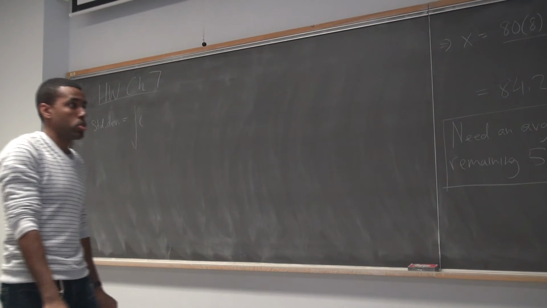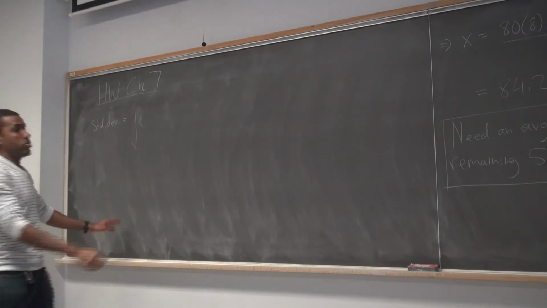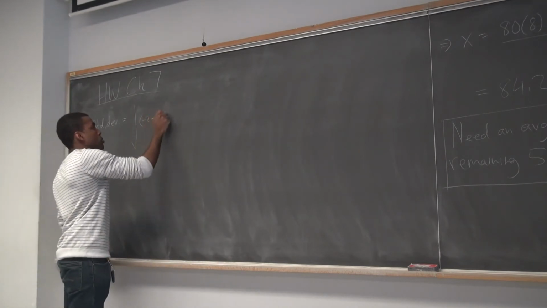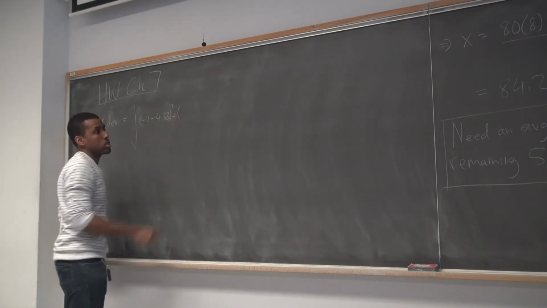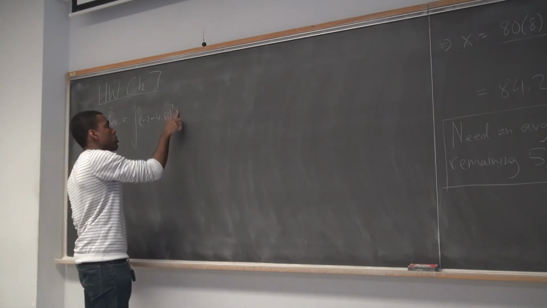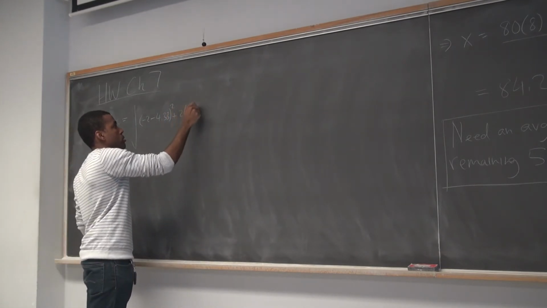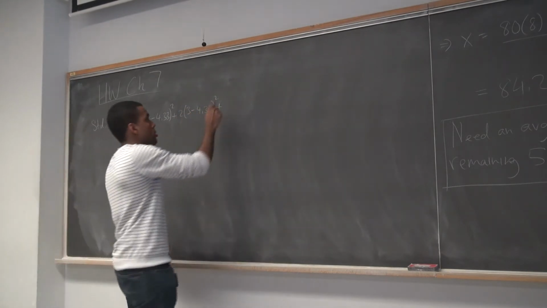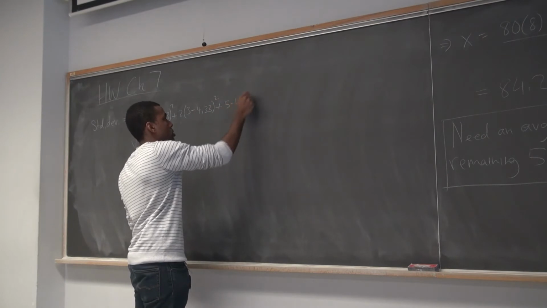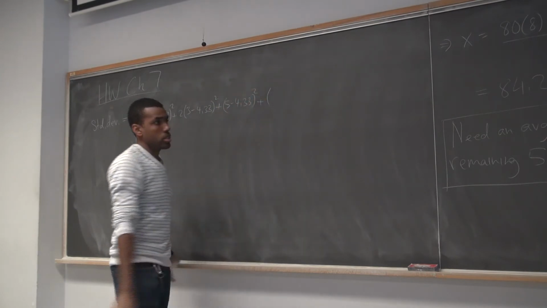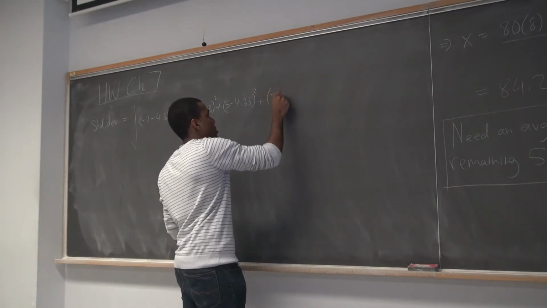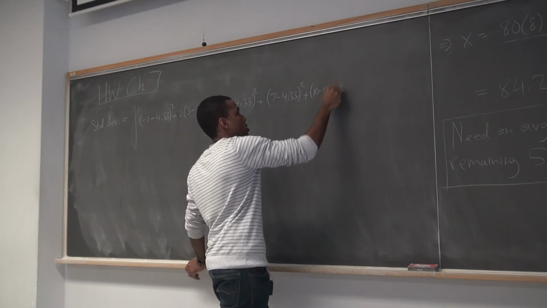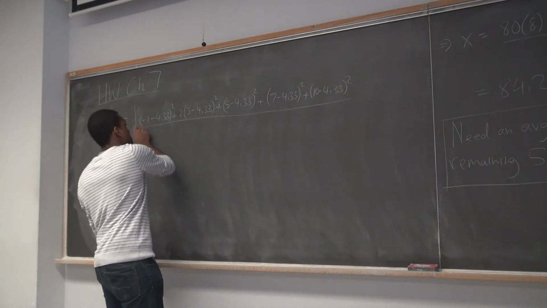We think of this as a sample. So we have minus 2 minus 4.33 squared plus 3 occurs twice, so I can double this. 3 minus 4.33 squared plus 5 minus 4.33 squared plus 7 minus 4.33 squared plus 10 minus 4.33 squared. All of that over 5.